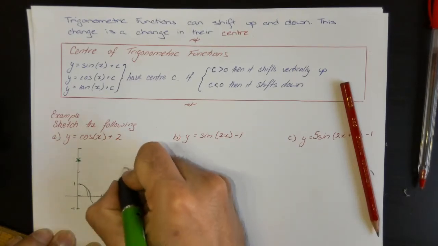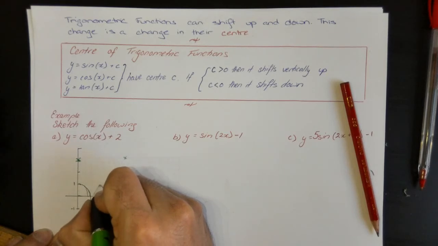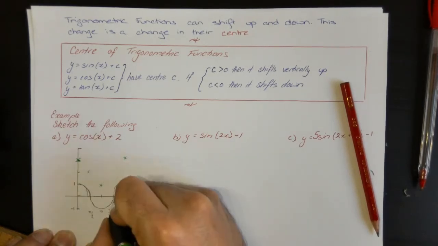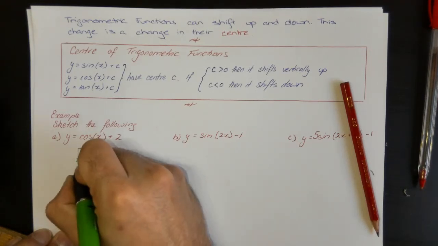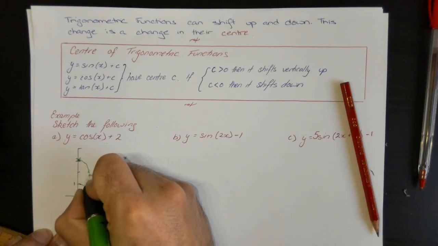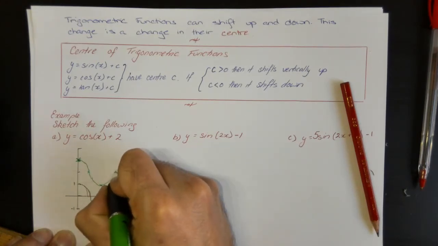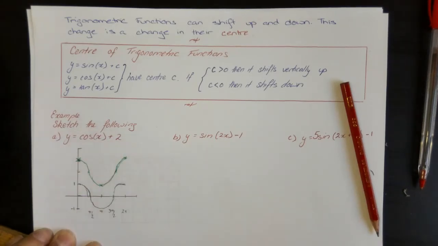It would also be 1, 2, and 1, 2, 1, 2. So we'll get that as the final function.